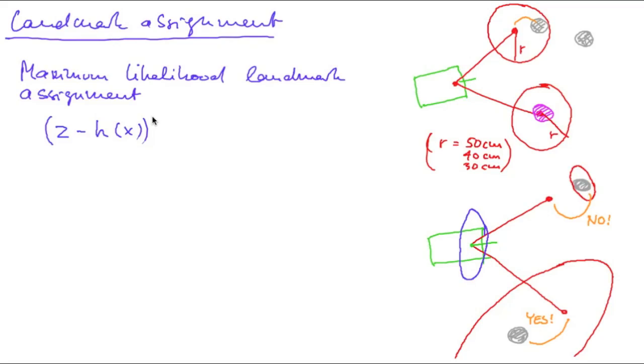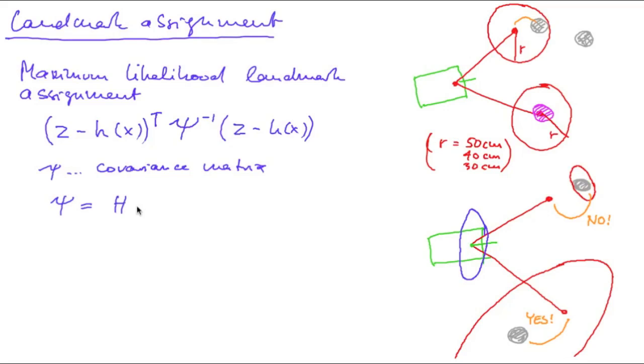Rather, I form this product with the inverse of a matrix psi and C minus h without the transpose, where psi is a covariance matrix which I obtain using the following formula. It is H, the Jacobian of our measurement function, times our predicted covariance of the state times H transpose plus Q. And it's easy to see why this makes sense, because Q is the measurement error captured in this covariance matrix.